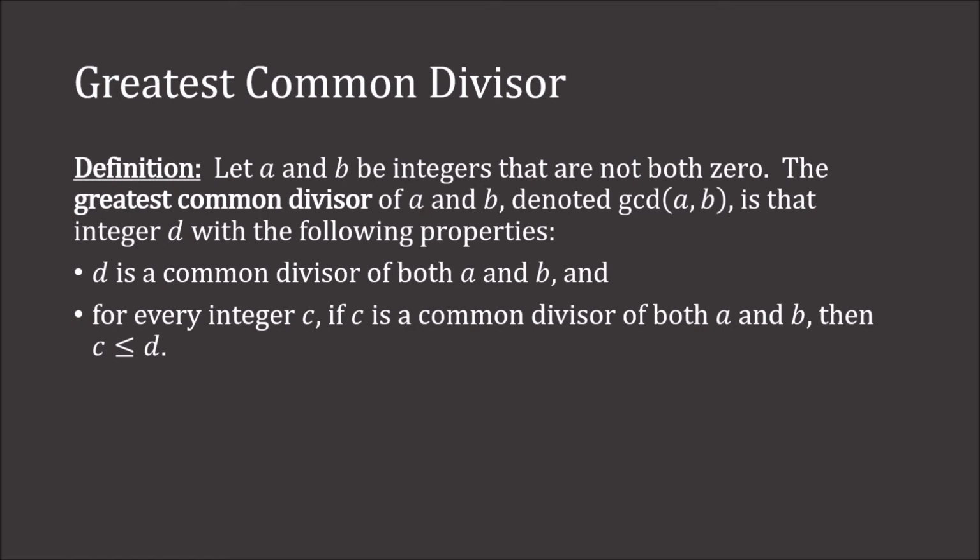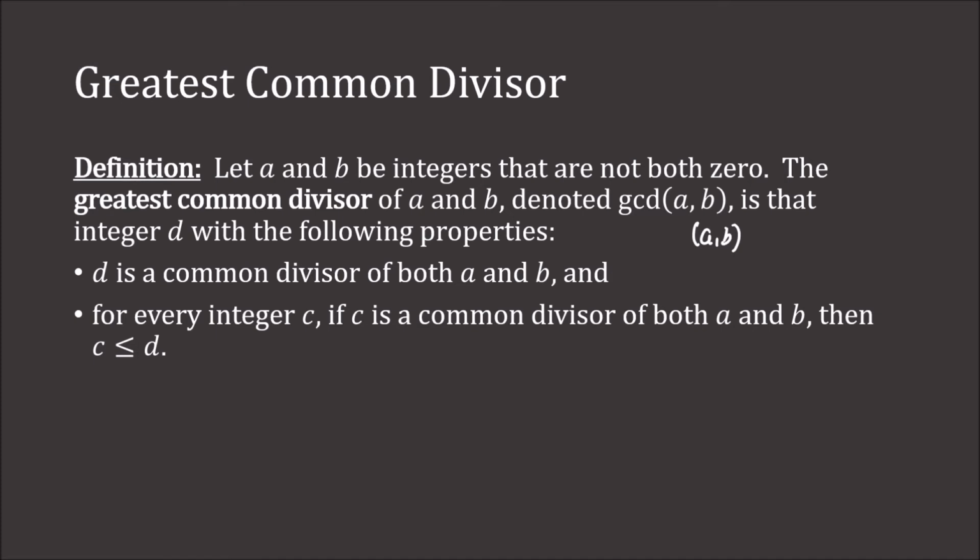The greatest common divisor of a and b, which is denoted as the GCD of a, b, or sometimes just simply as parenthesis a comma b, is that particular integer d with the following properties. d is a common divisor of both a and b, and for every integer c, if c is also a common divisor of both a and b, then c must be less than or equal to d.